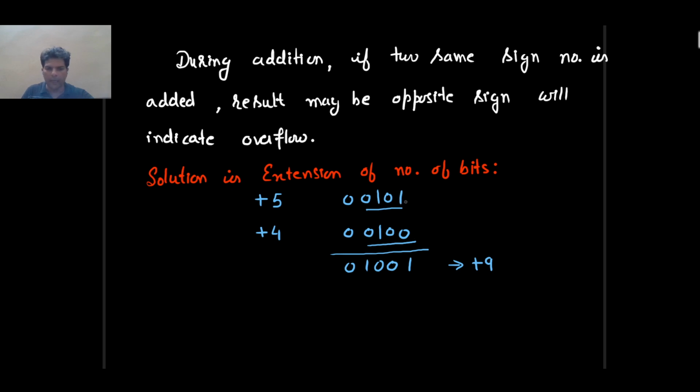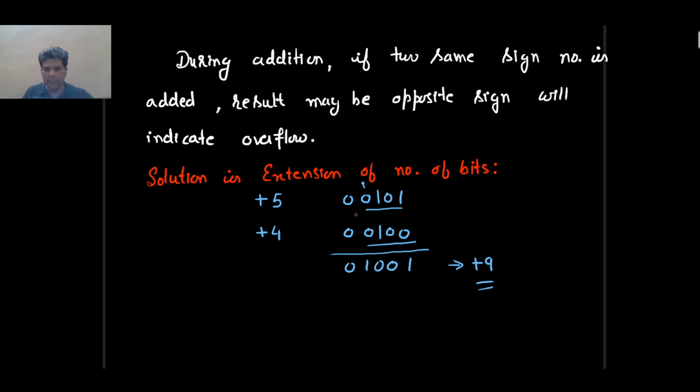Now if I add this plus 5 and plus 4, 1 and 0 is 1, 0 and 0 is 0, 1 and 1 is 0 with carry 1, and finally that is 1, and at the last the MSB is 0. So this number is plus 9. That is the use of the extension of a number of bits. Clear?